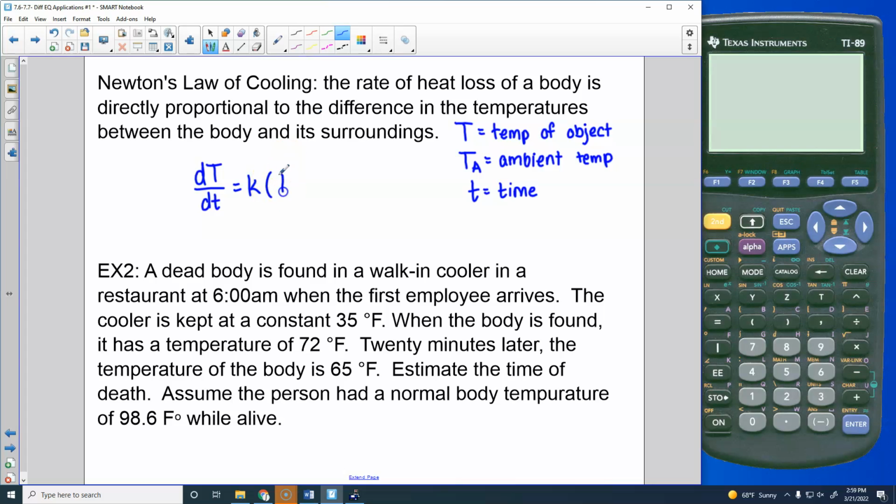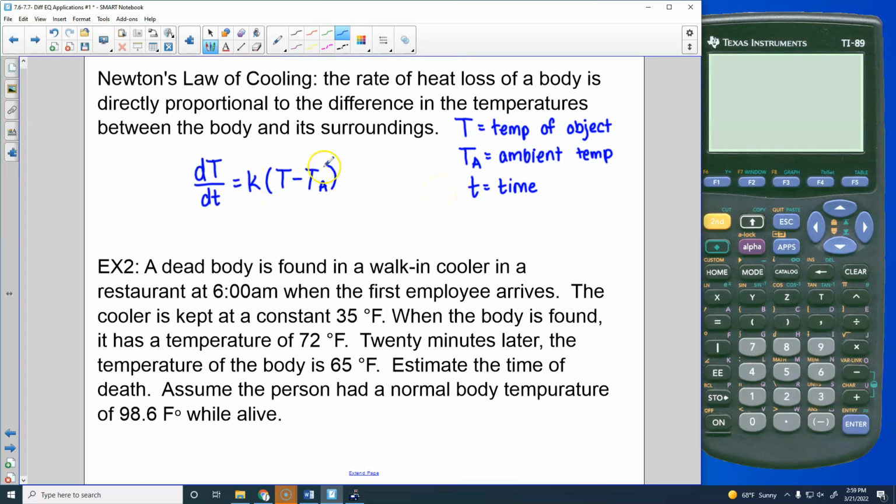So I'm going to do T minus T sub A. So this is your Newton's law of cooling written as a differential equation. Coach Wood gave it to you as the differential equation was already solved. We could go ahead and solve it and just use the equation Coach Wood gave to you. We are going to plug in a number here for T sub A first.